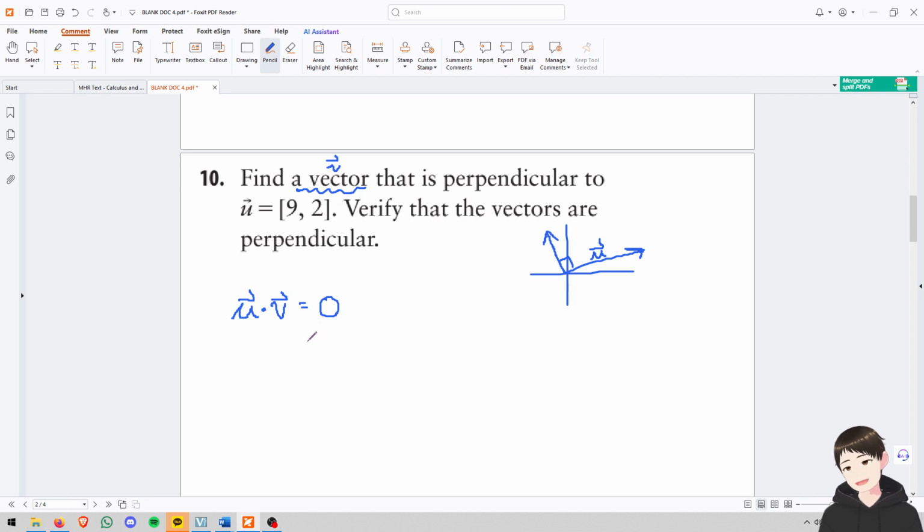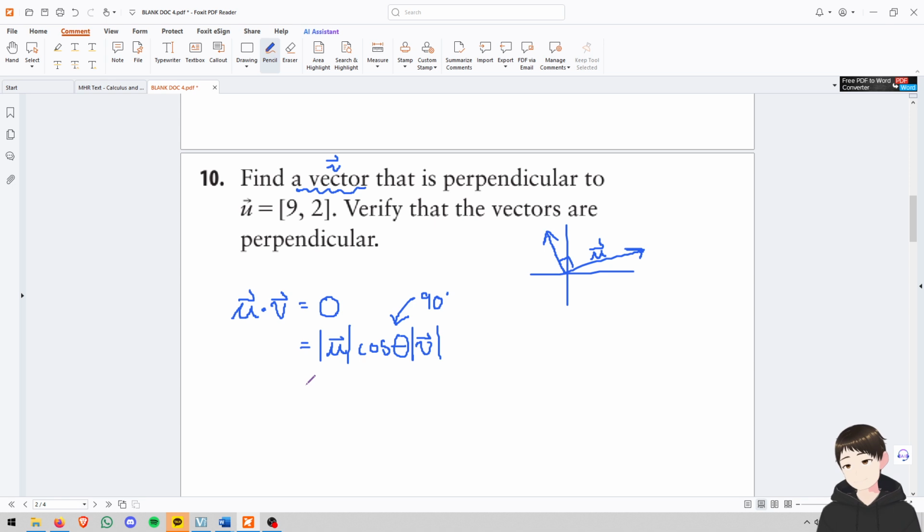By formula, we also know the dot product is the component of vector u in the direction of vector v multiplied by the magnitude of vector v. In other words, this has to be 90 degrees, which means the entire thing has to equal a 0. That's it. So what can I do to make u dot v into a 0? This formula doesn't help us.